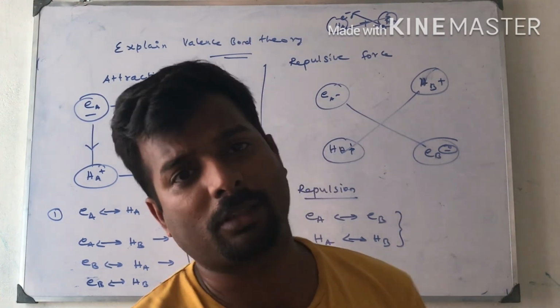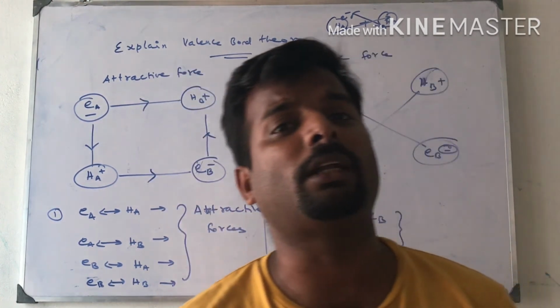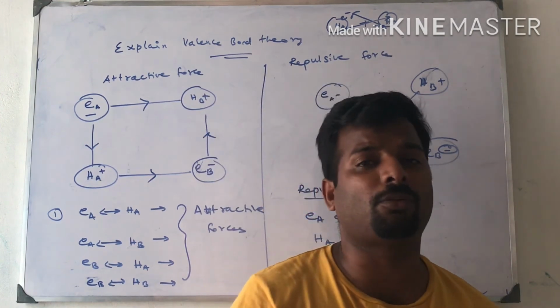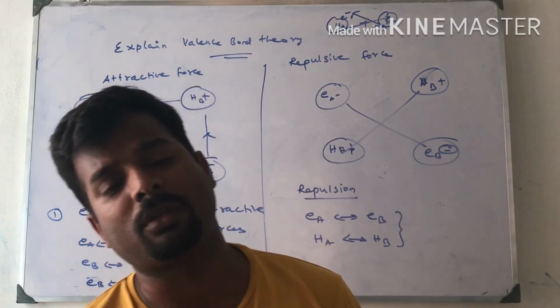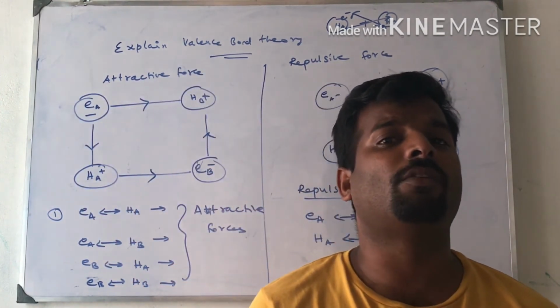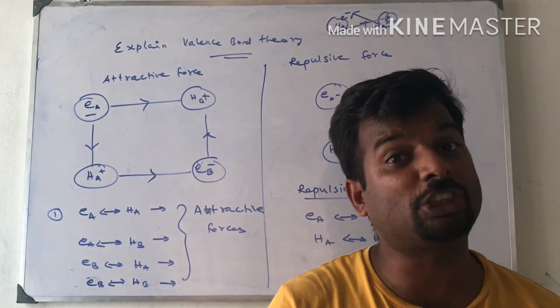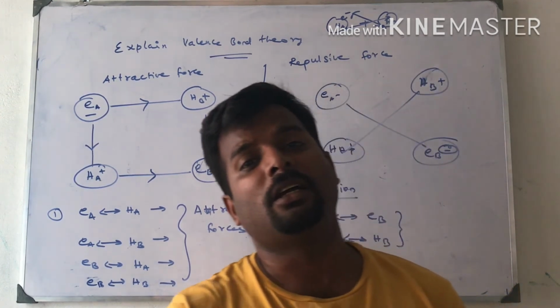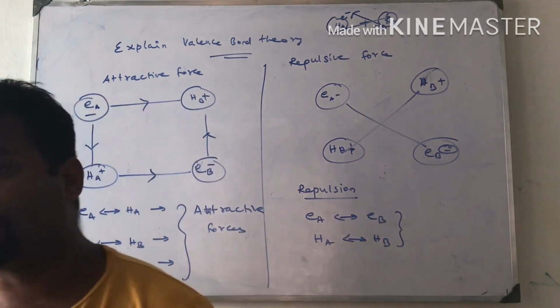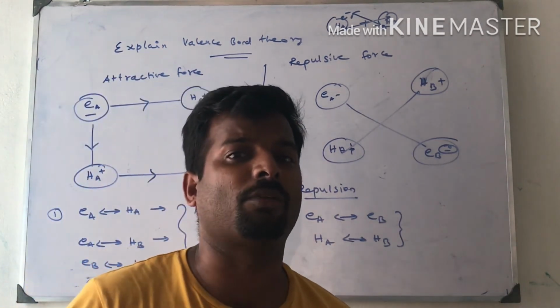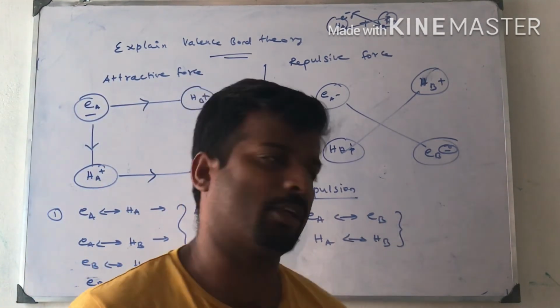According to experimental studies, it is proved that the magnitude of the attractive force is more than the repulsive force, and hence the bond will be formed and the potential energy decreases. Now I am going to draw the potential energy curve related to the valence bond theory.